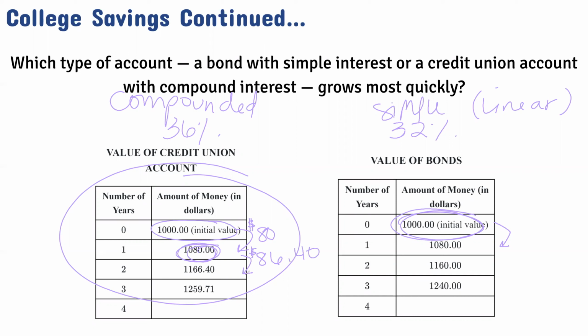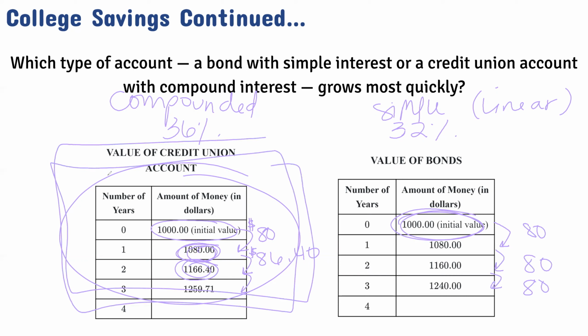And then to get to your new one, they're taking 8% of your new value and adding it. So it's gonna keep increasing more and more. Whereas here, you're just adding 80 each time. And obviously you wanna get as much money as you can. So you want to choose this option where your money is being compounded annually. Does that make sense? If not, pause this video, think about it, look at the previous two problems again, and really understand.